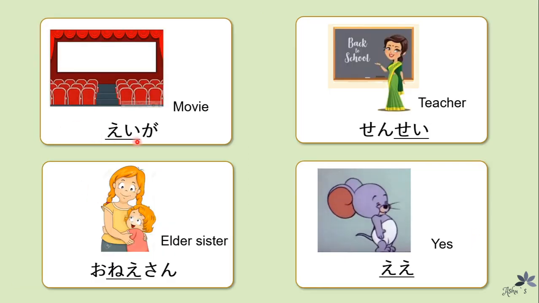The first one here I have given with the I sound. Here you have E with I. So read it as long E sound. So you should read this word as eiga, eiga, which means movie. Now here we have sensei, sensei, which means teacher.